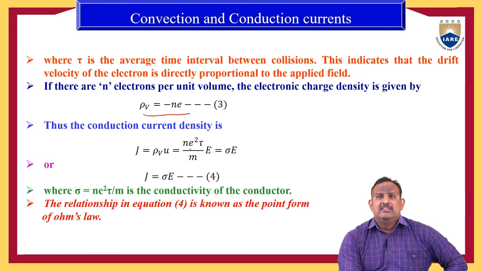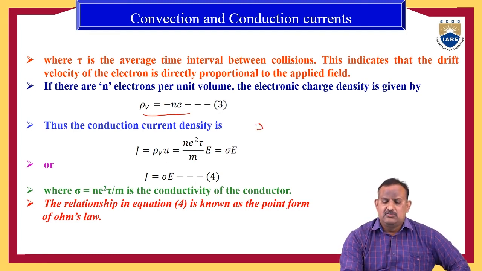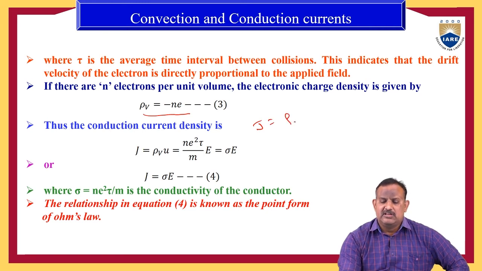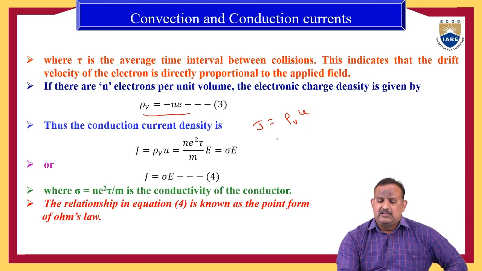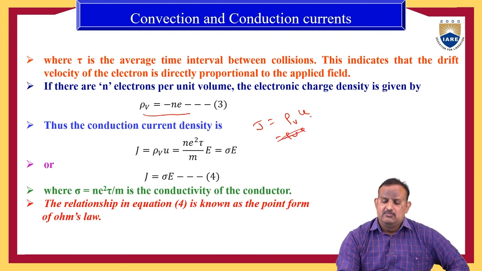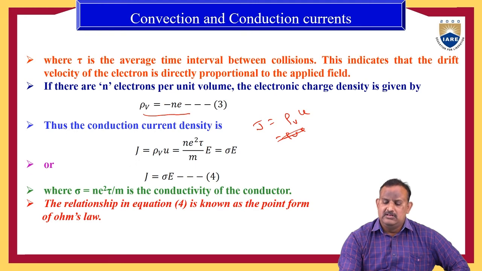Next, we can define the conduction current density J, which is similar to the previous convection current density: the volume charge density into the velocity of an electron. J is equal to rho v into u.